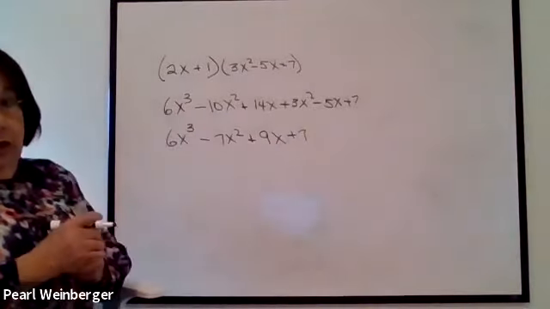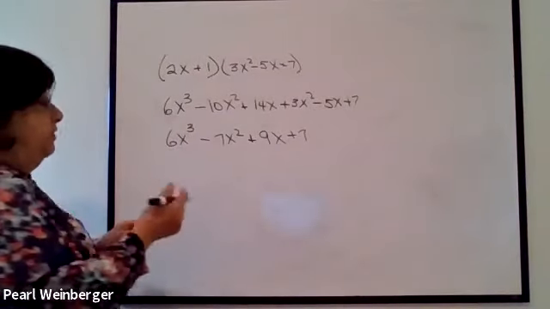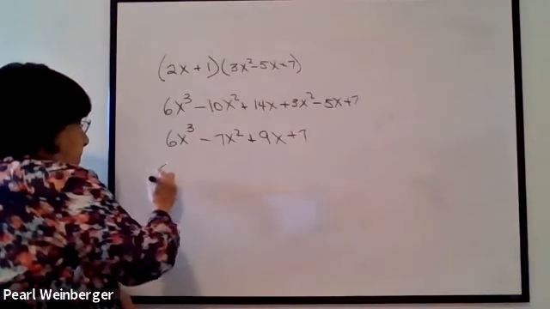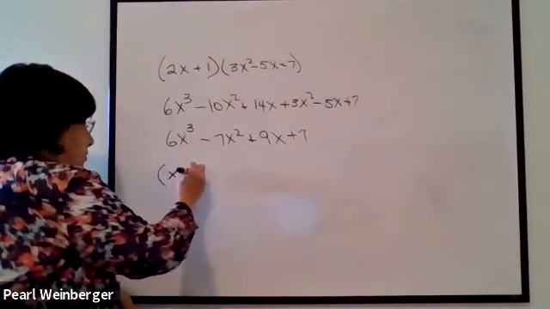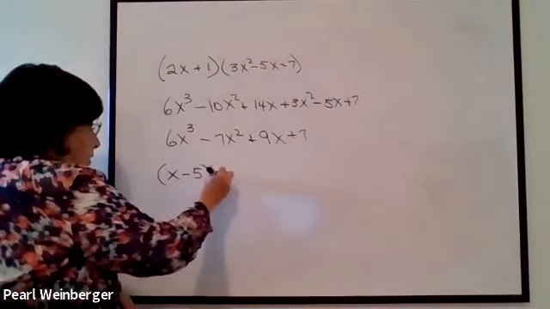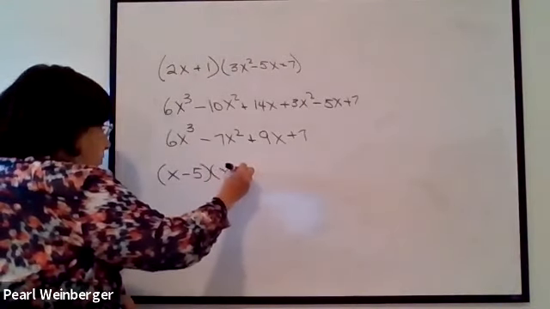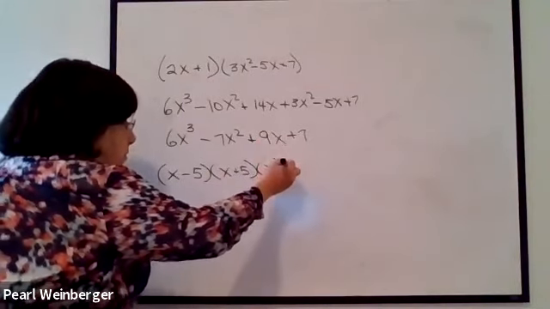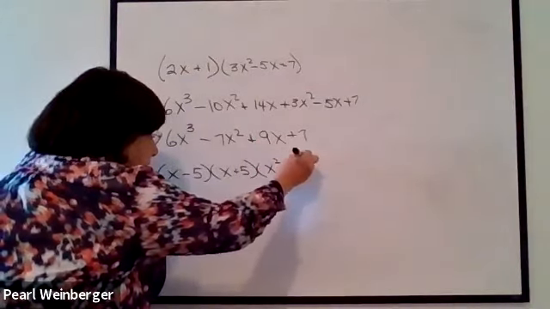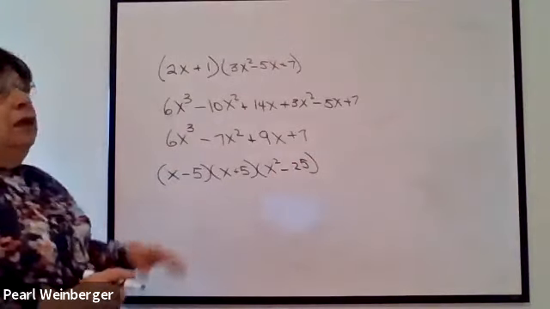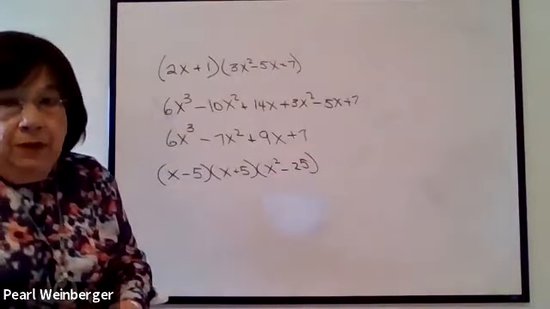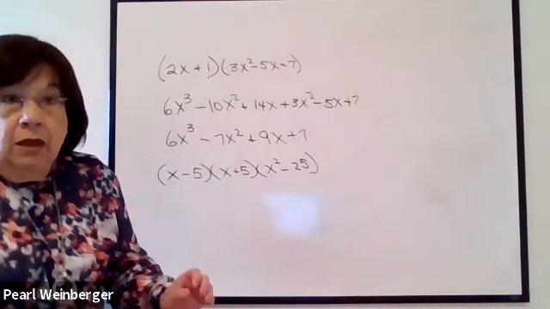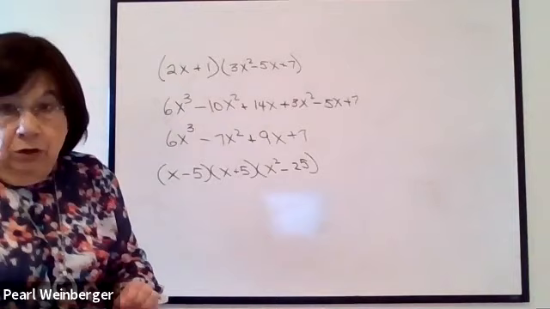Okay, let's do one other. What if I had something like this? X minus 5 times x plus 5 times x squared minus 25. In other words, what happens if I am multiplying 3 polynomials?